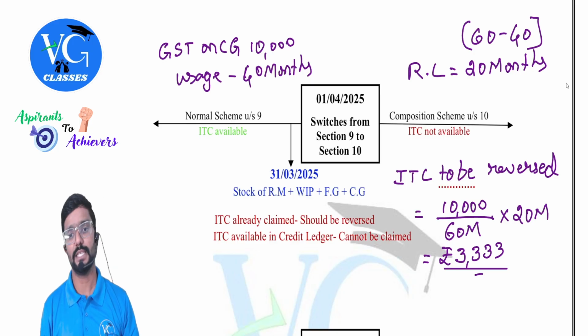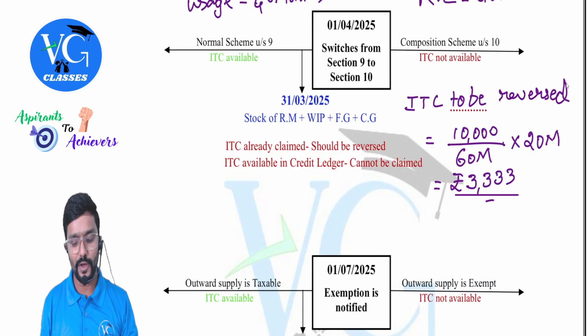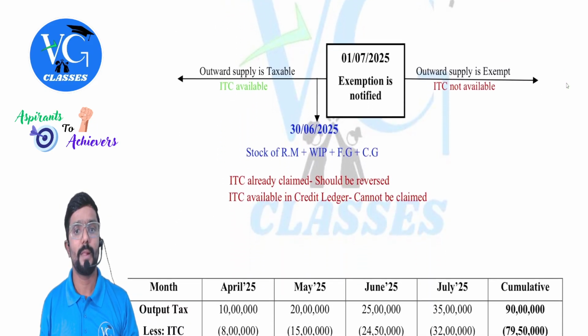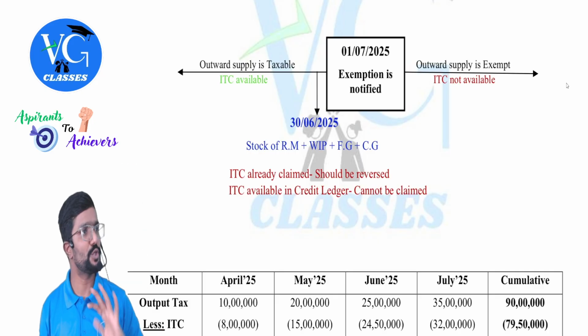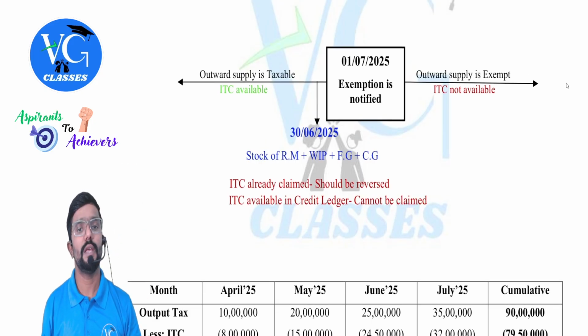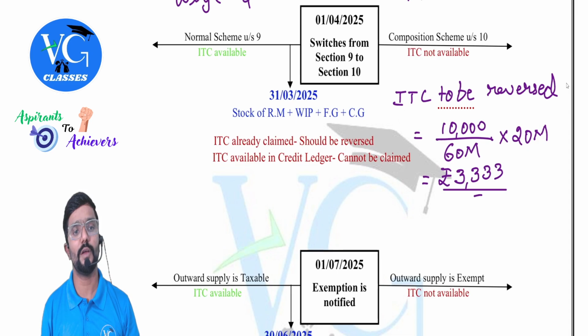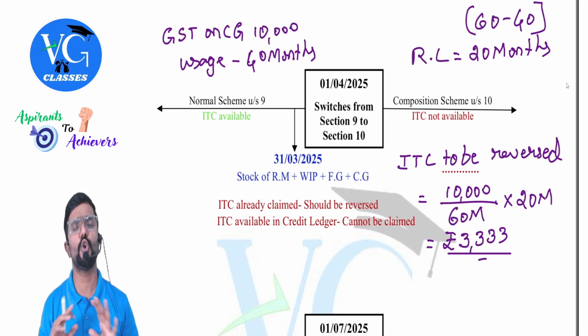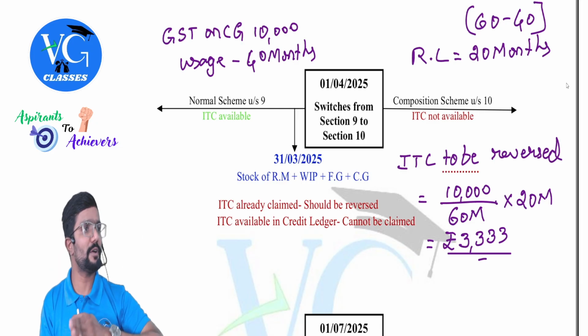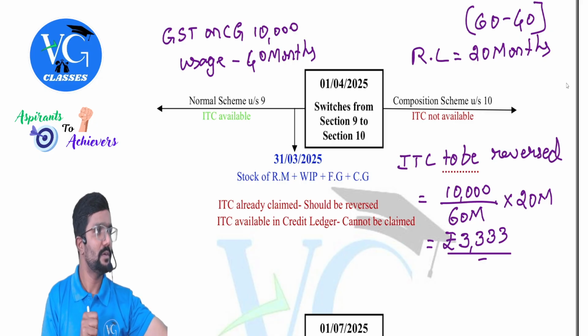Is that clear? And it is the same thing even for this example. If it is capital goods, on whatever credit is already claimed, how much we need to reverse means we need to take the total life as how much? 60 months. Check out of 60 months how many months are already over.